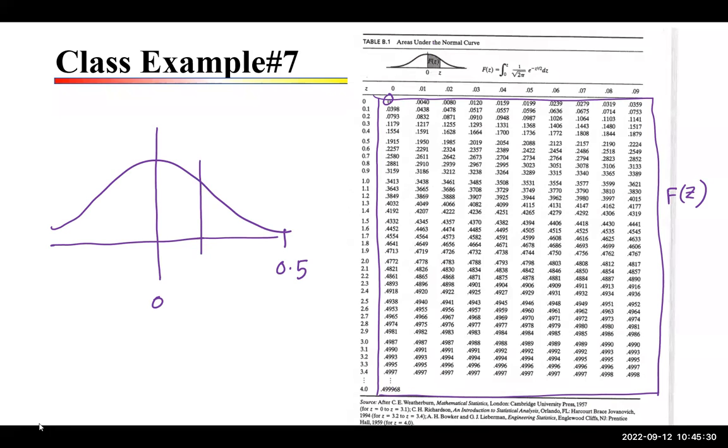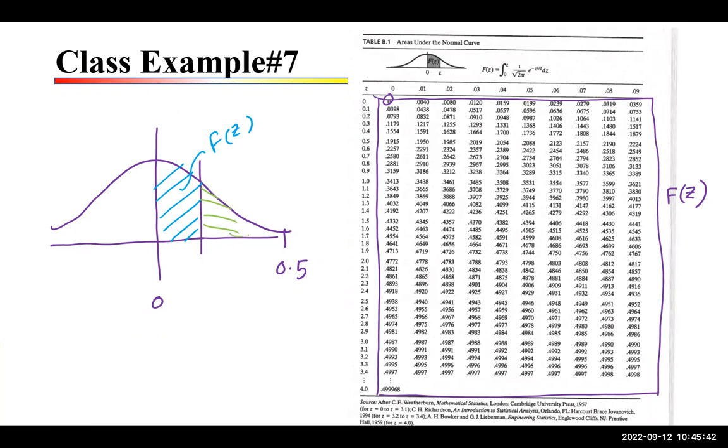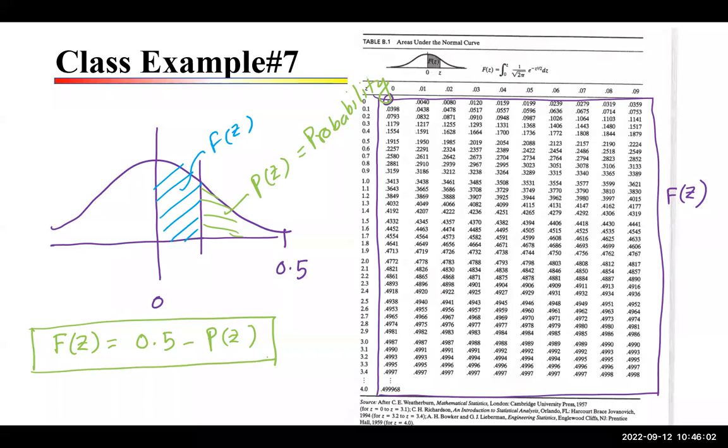Now all the values on the other side are actually the PZ, or probability. Now, how can we find Fz? That is actually 0.5 minus Pz. That is one thing from this table.